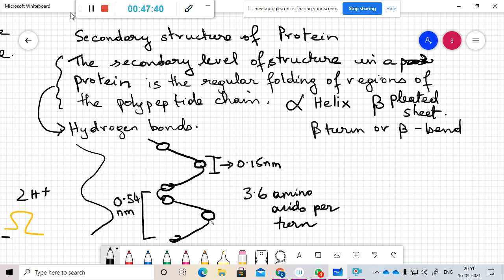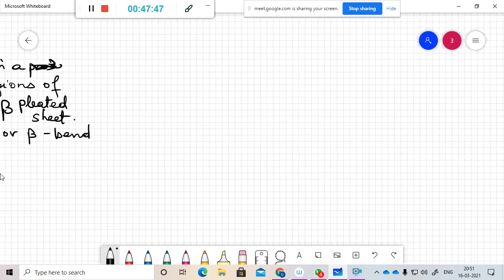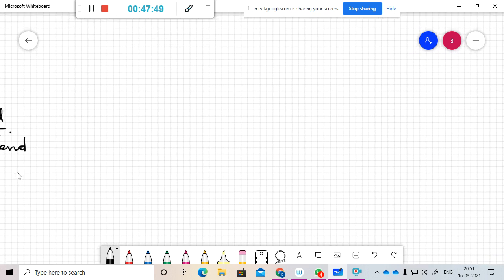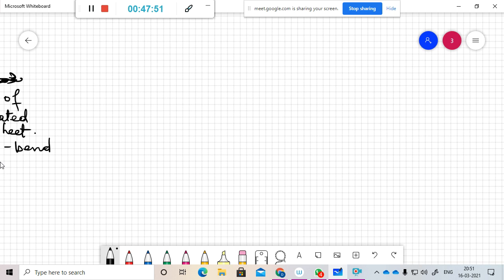So the folding is because, let's draw the structure once more cleanly. Why do they turn so much? So let's draw.